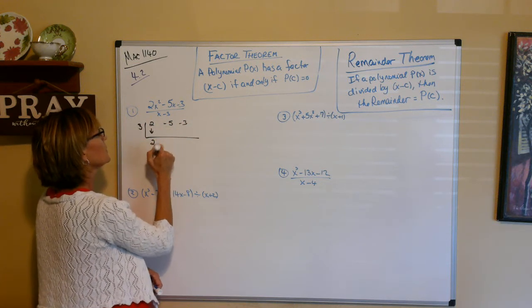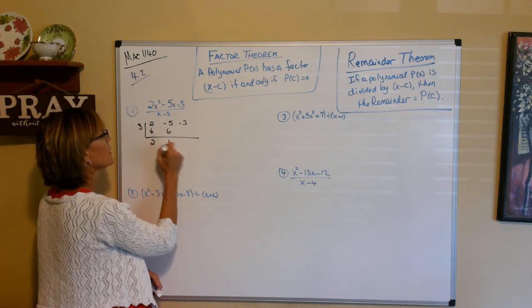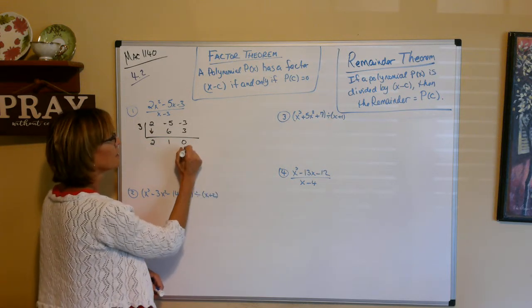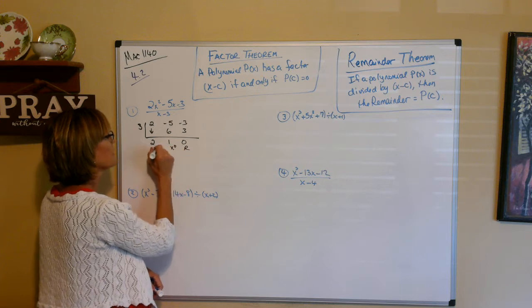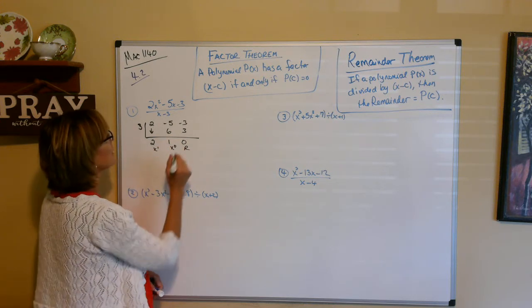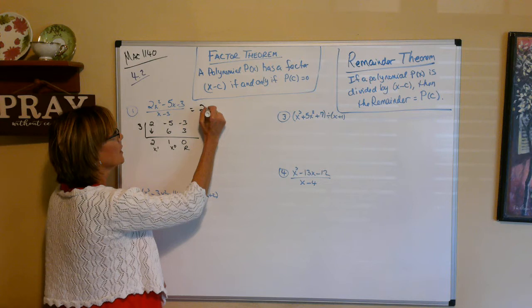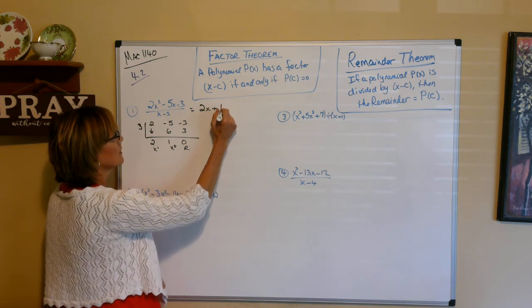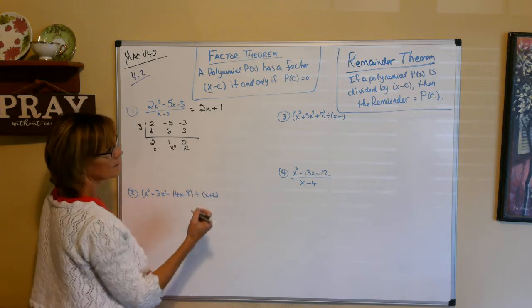Bring down the 2, multiply up 6, 1, 3, 0. Okay. Let's interpret remainder, x to the 0, x to the 1. So this is equal to 2x plus 1. The remainder was 0.